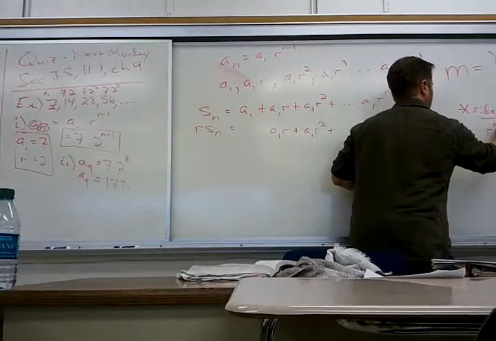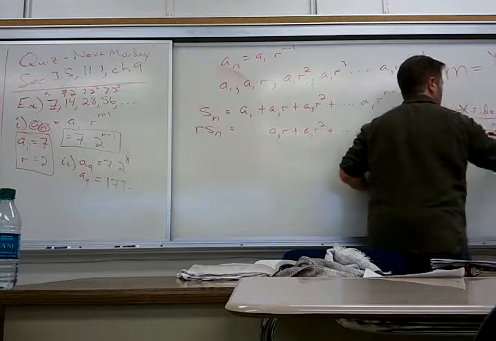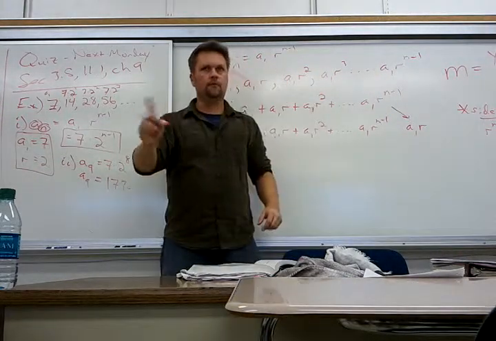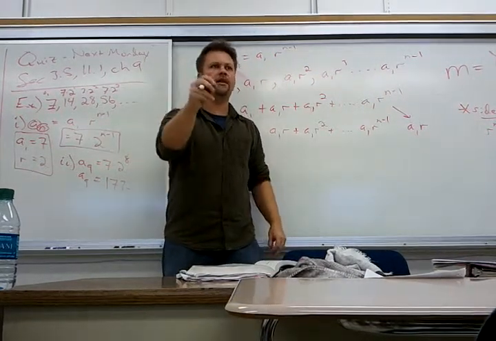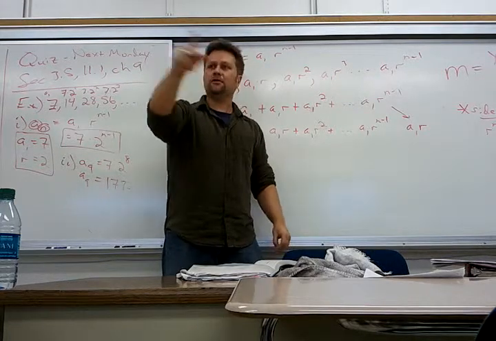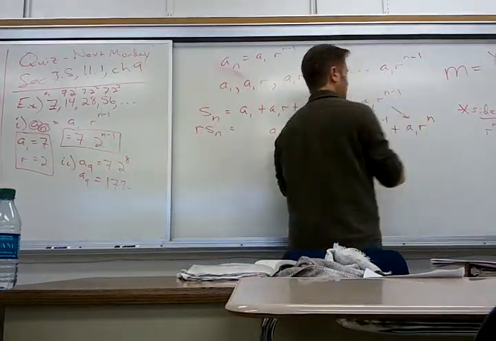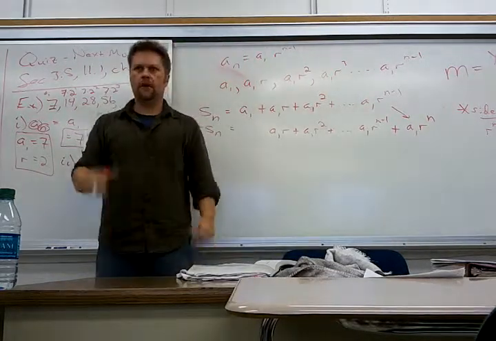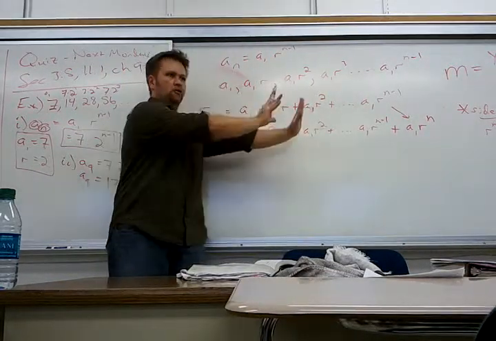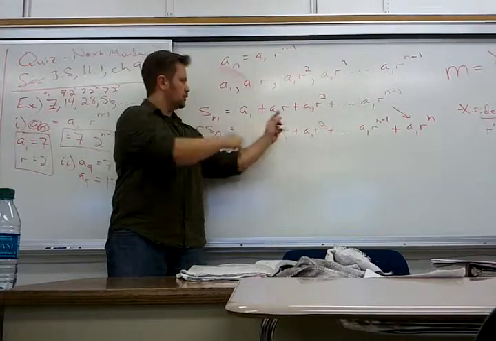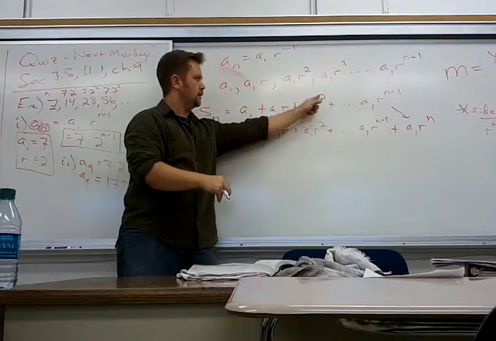Side note, what is R to the n minus 1 times R? What do you do with the exponents when you multiply? You add them. What's n minus 1 plus 1? It's just n. So basically, I just shifted all of these over 1, because I just multiplied by an R, and they all line up.